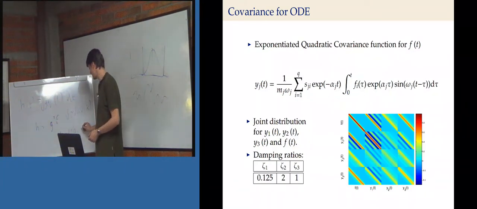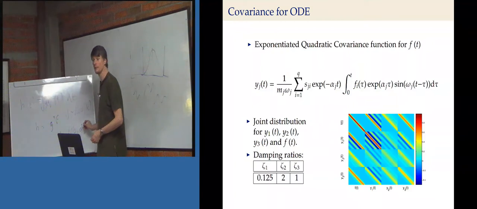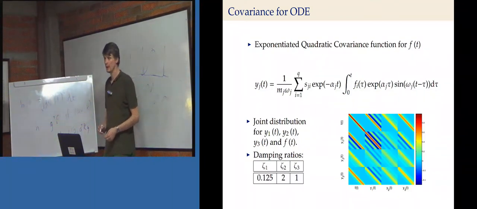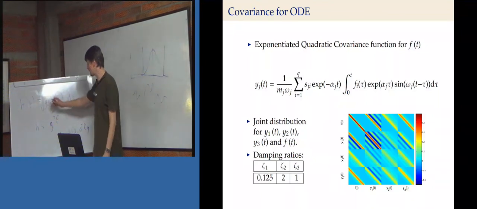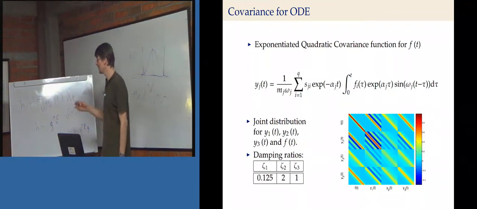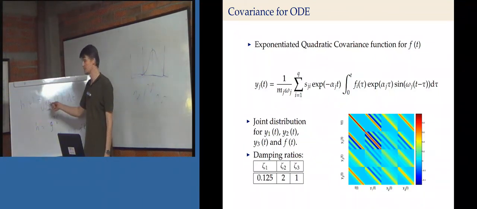And the variance will be, does anyone know? G transpose K G, yeah, good. So if this inner product is an integral, what do you think the covariance of H is in this case?